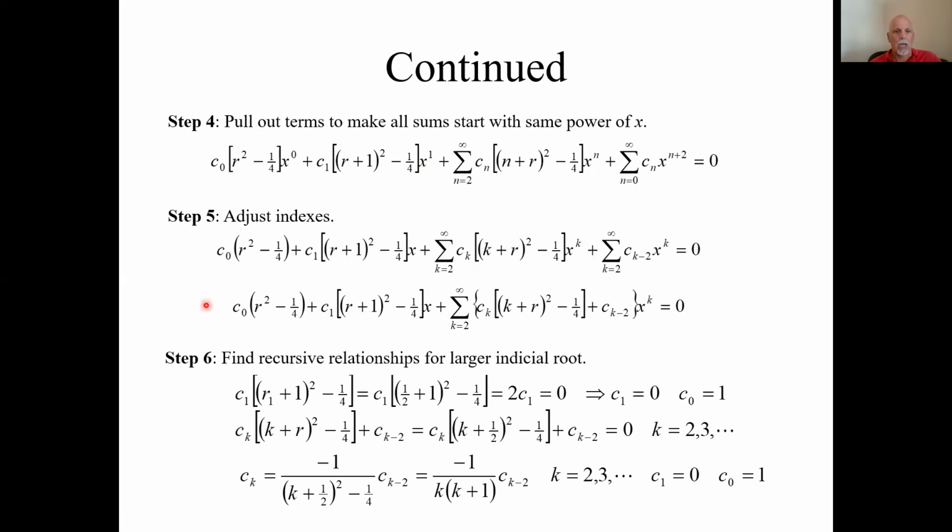So at this point, we can apply the identity property to find all the recursive relationships. We already had the indicial roots, and they would crop up again from here. We already knew the indicial roots. So let's go through for the larger indicial root, which was 1/4.